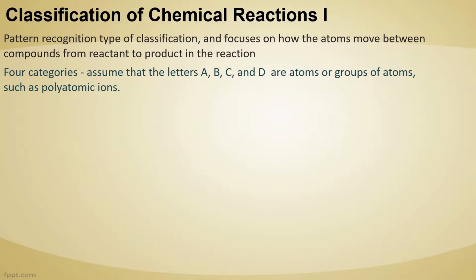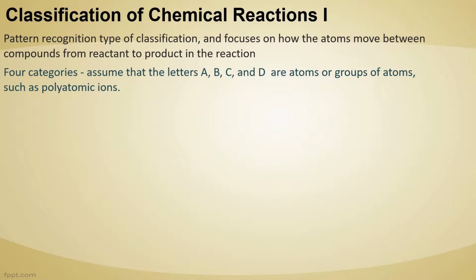First, let us assume a kind of labeling as we talk about these different processes. The letters A, B, C, and D symbolize atoms or groups of atoms such as polyatomic ions, and we'll observe how they move about in our generic model chemical equations. We will also look at specific examples of each reaction type.